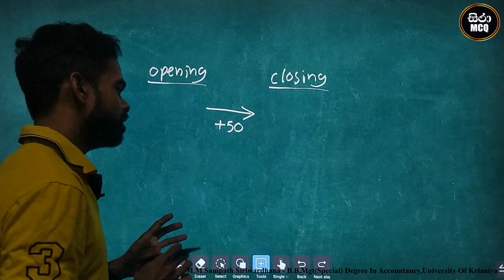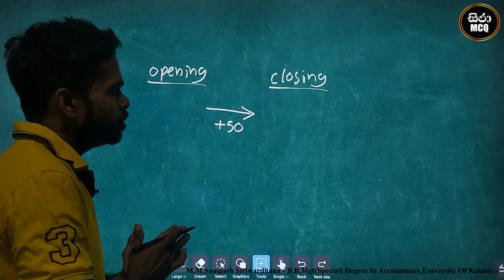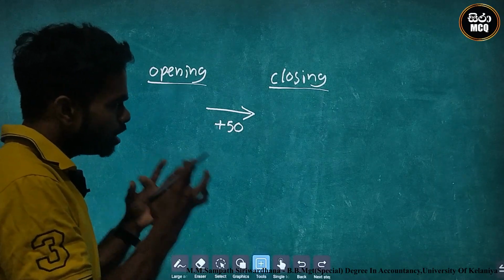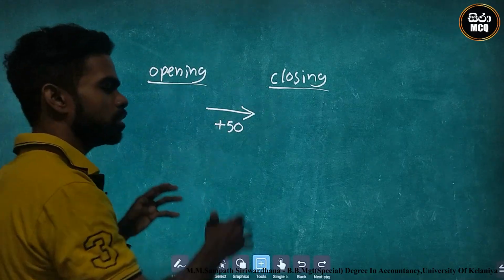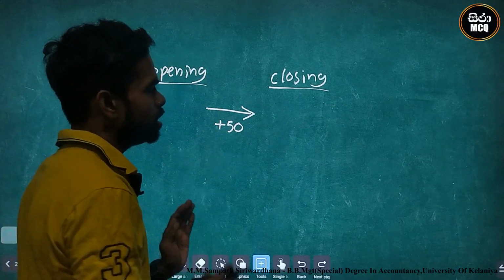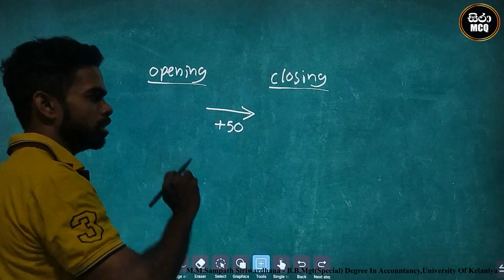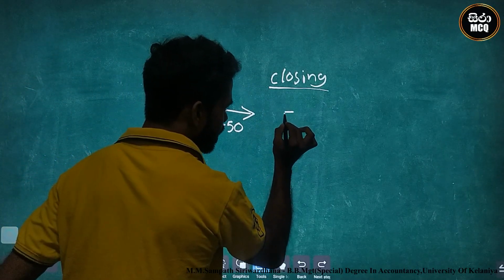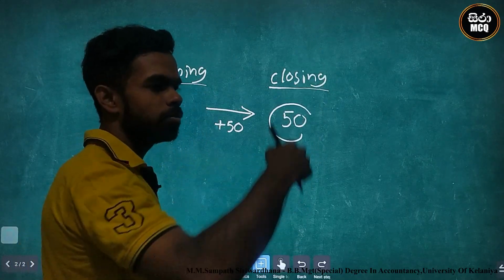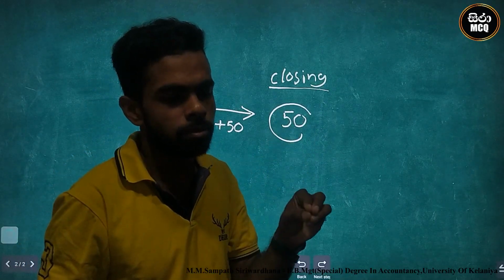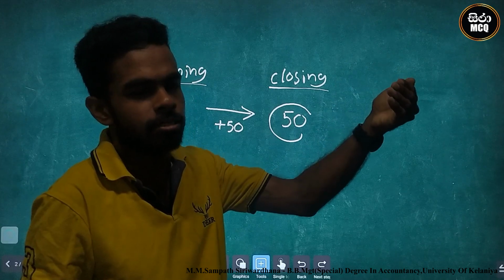At this time we can schedule the value. Increase means closing has increased, so I enter 50 there.